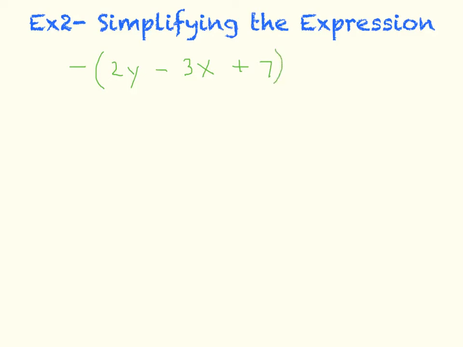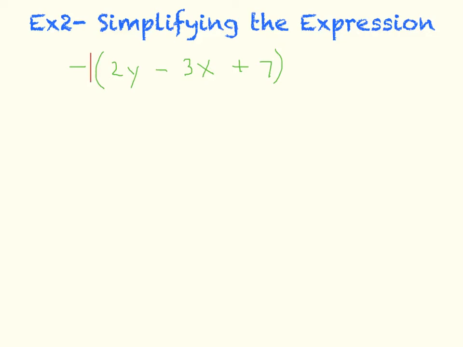So some of you might be saying to yourself, well, there's nothing to distribute and there are no like terms, so what is there to be done? Well, there actually is something to distribute, and we can distribute this negative. Now, something to make it a little bit easier, like we did with the variables earlier that did not have a coefficient, this negative doesn't have a number, so we can add in the number 1, and now we have a number to distribute.